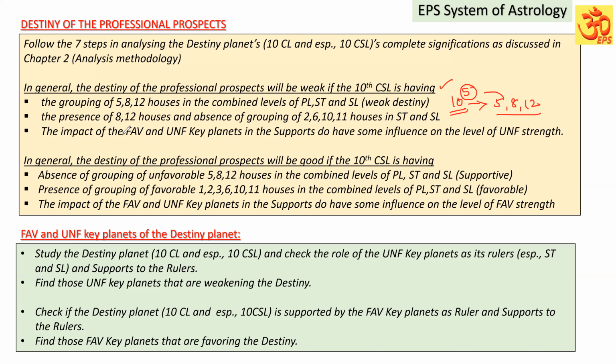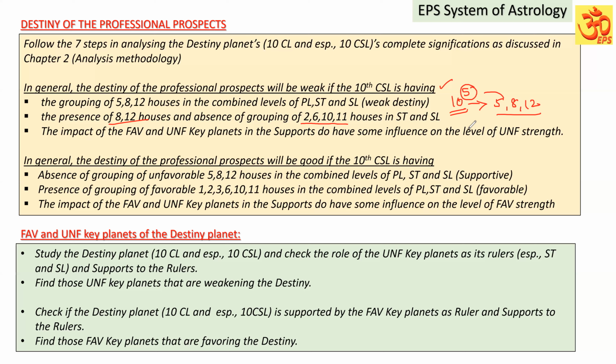The next point is the presence of 8 and 12 houses in the star level, but absence of grouping of 2, 6, 10, 11 houses. So there is absence of favorable grouping, but presence of 8 and 12 houses. The 5th house may or may not be playing a role.